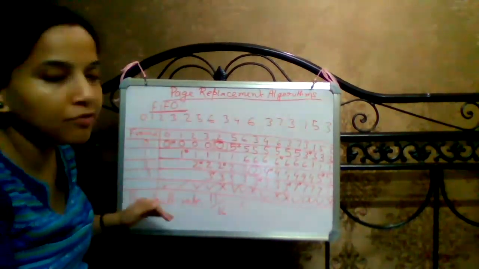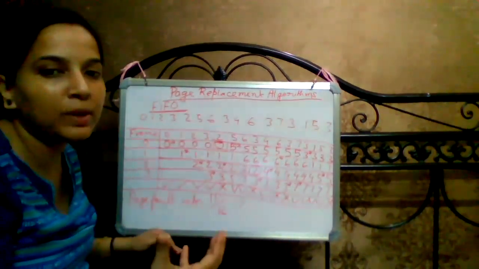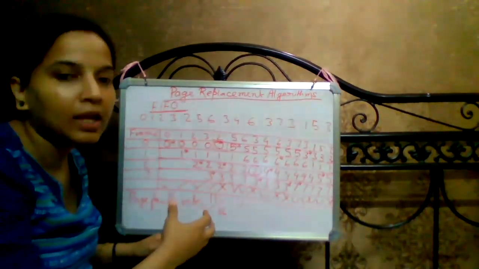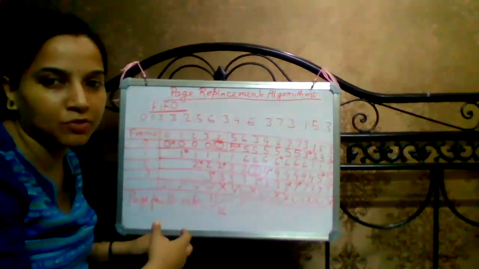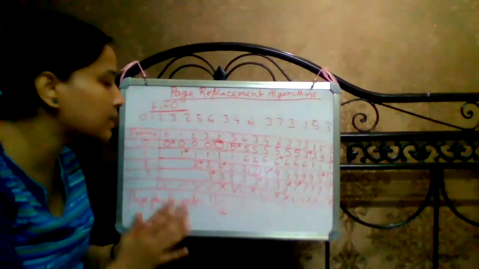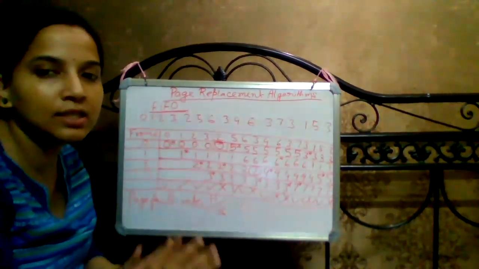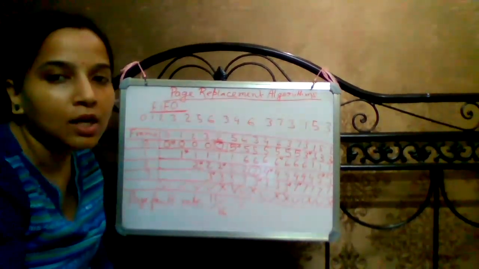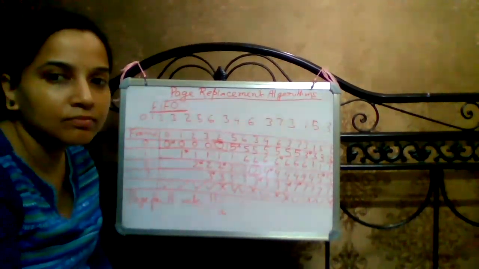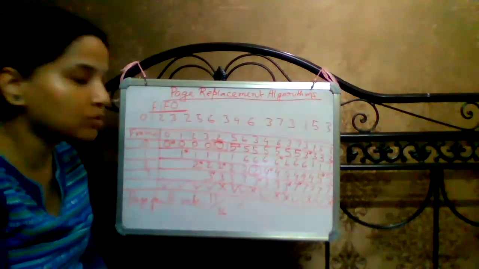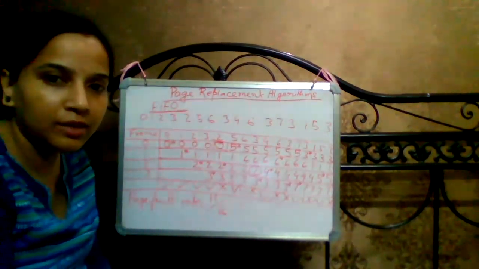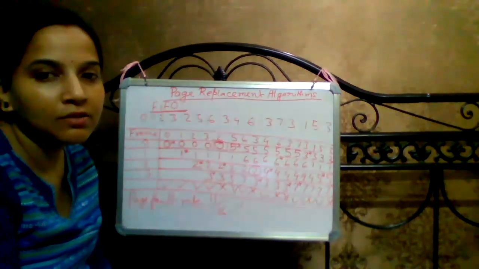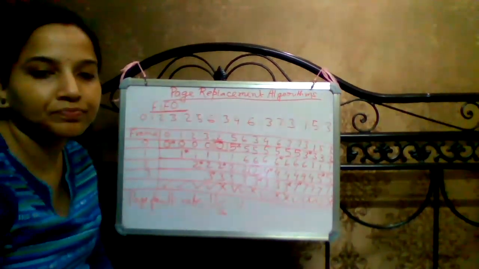If the number of frames is increased, more pages can be stored in the frames and we can reduce the page faults. So how can we decrease the page faults? If more frames are allocated for a particular process, then we reduce the page fault rate. That is for the first in first out algorithm.